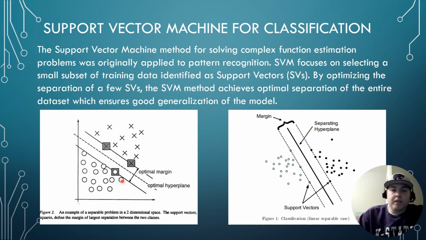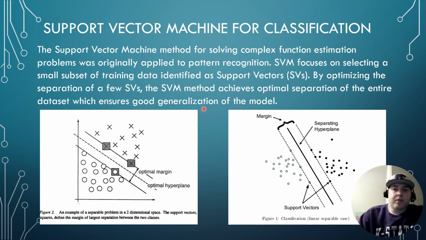So in this image here, you can see that there are two sets of data, and the goal of the SVM is to classify these data by using these support vectors that lie on the edge of these margins.